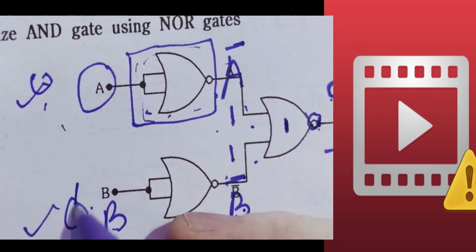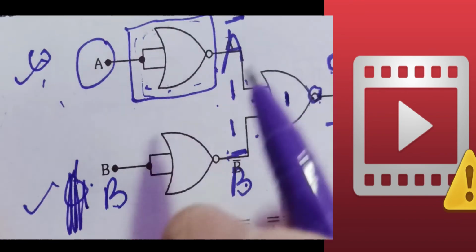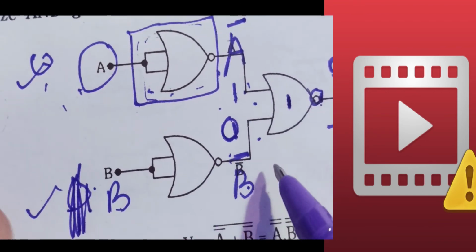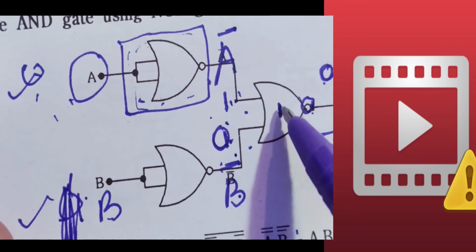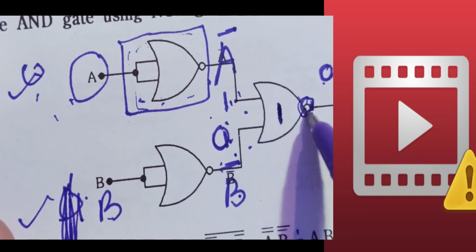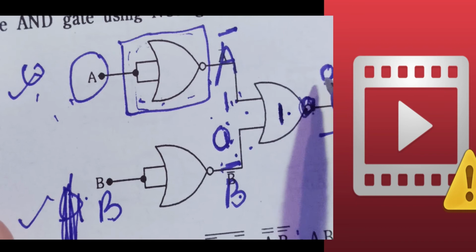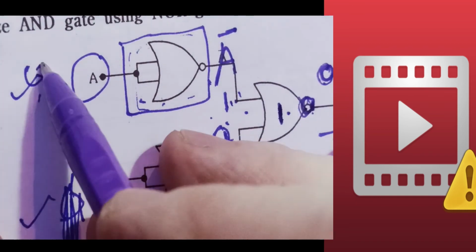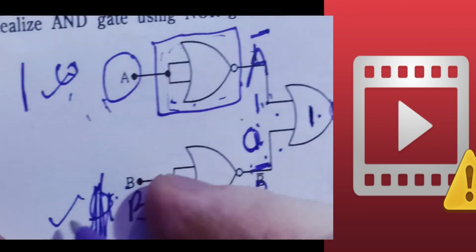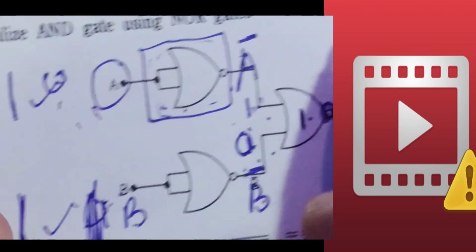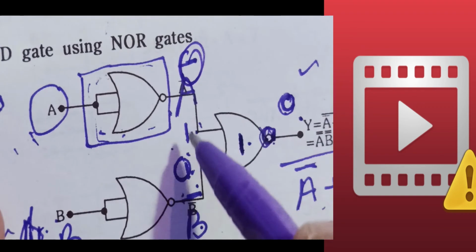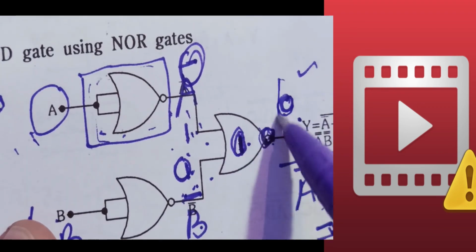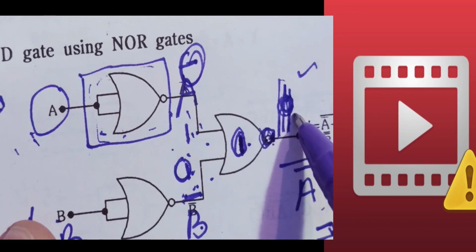Now if it is 0, 1, 0 becomes 1, 1 becomes 0. So 1, 0 OR gives 1, the bubble turns it to 0. So 0, 1 is again 0. Like that you prove 1, 0. Lastly, what about 1, 1? 1, 1 means 0, 0. 0, 0 means 0, and the bubble makes it 1.